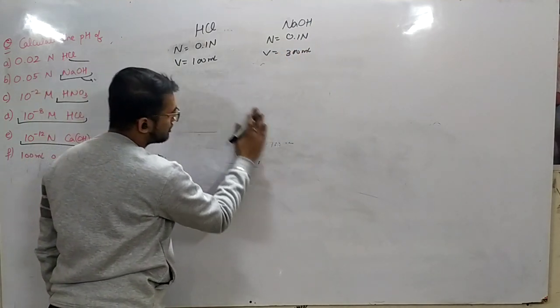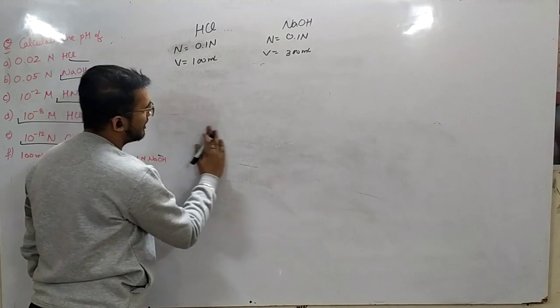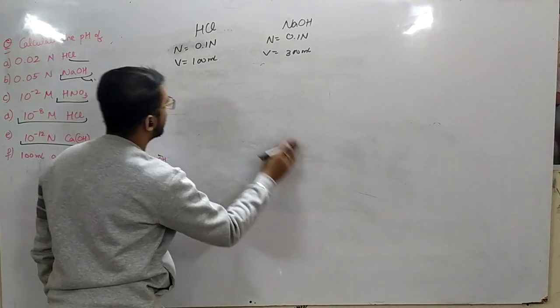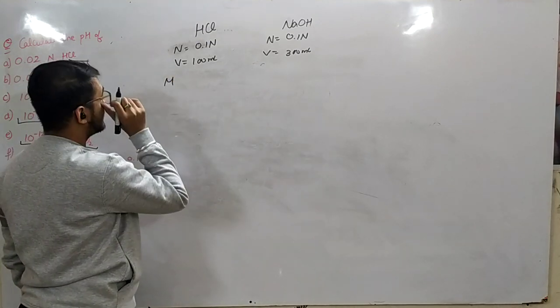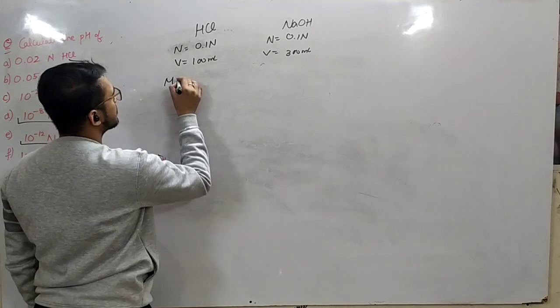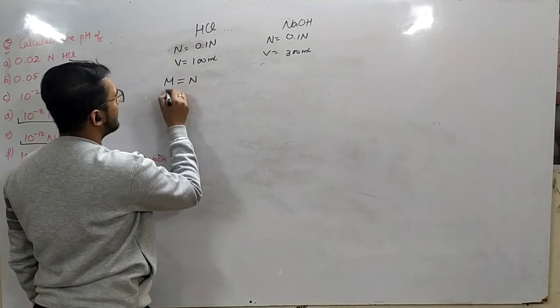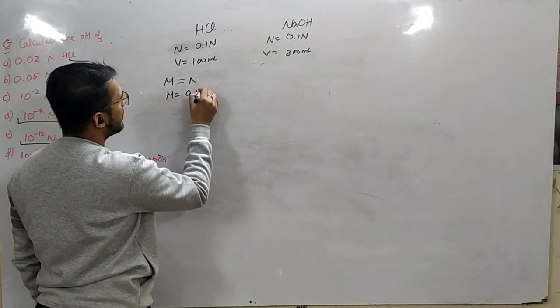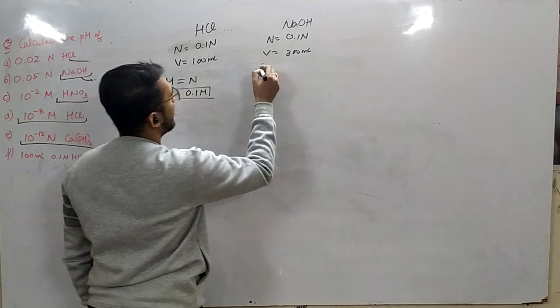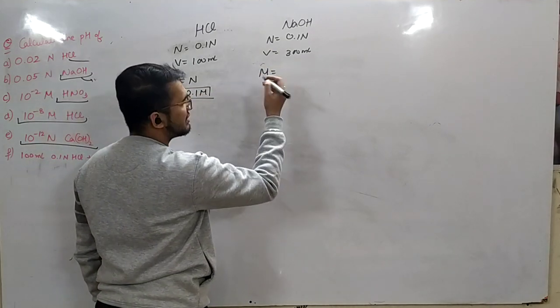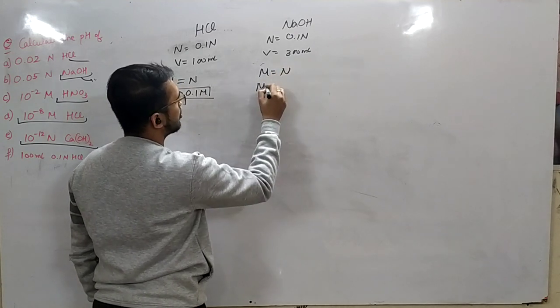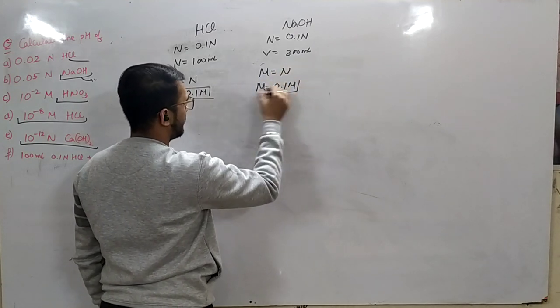Now you can use normality as well as molarity, but I will suggest you to use the molarity. Now since the acid is monobasic, molarity is equal to normality, so molarity is 0.1 molar. And here also a monoacidic base, so molarity comes out to be again 0.1 molar.